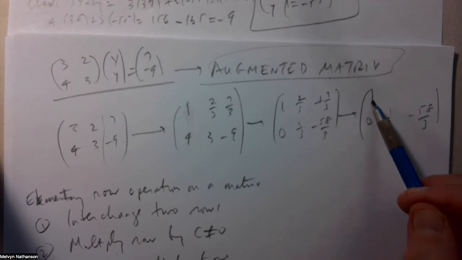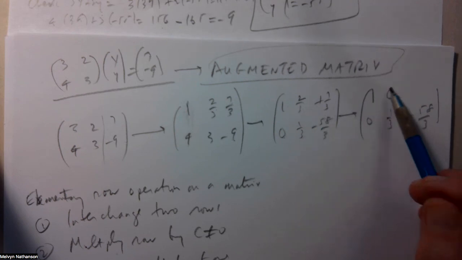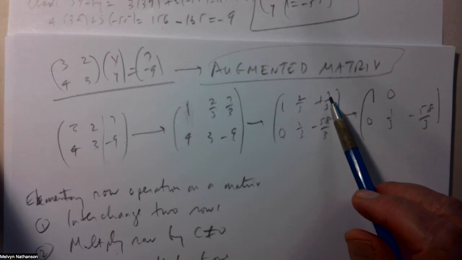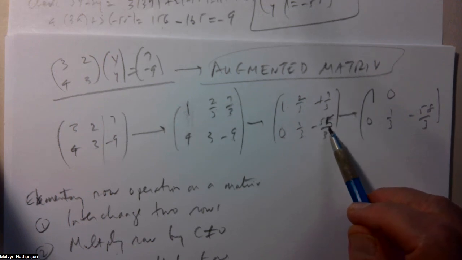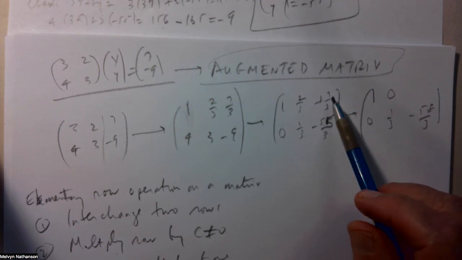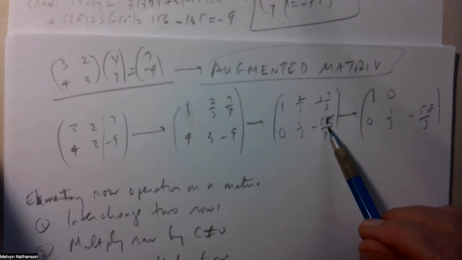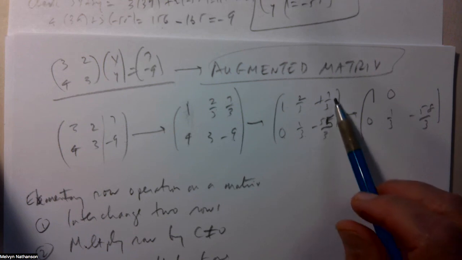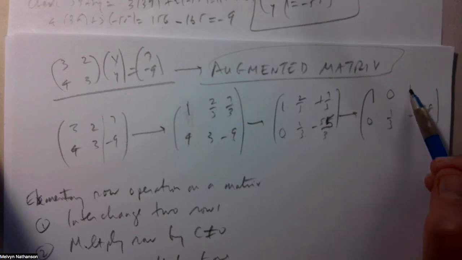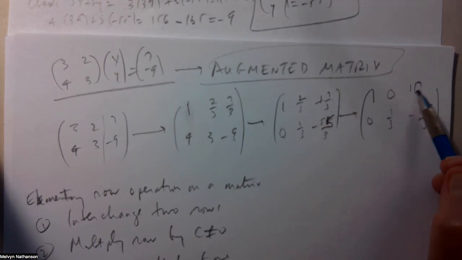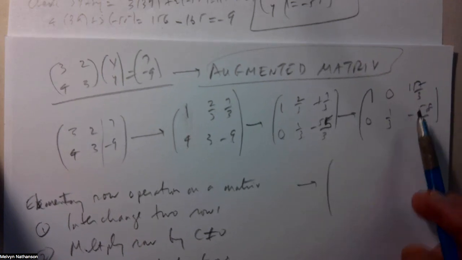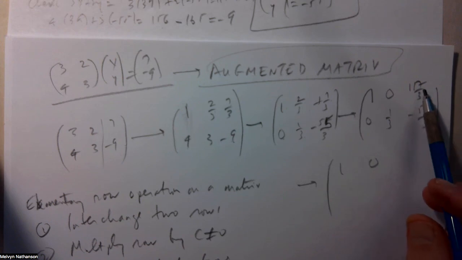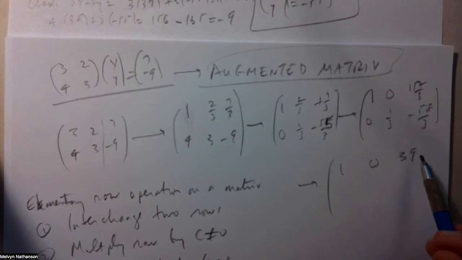Again, 1 minus 0 is 1. 2/3 minus 2/3 is 0. 7/3 minus 110/3 is 7/3 plus 110/3. 7 and 110 is 117/3. Okay. I'm not going to change the first row now, though I will notice that 117/3 is 39.